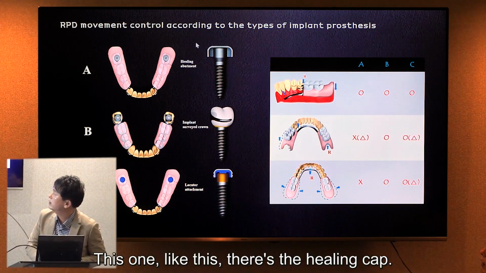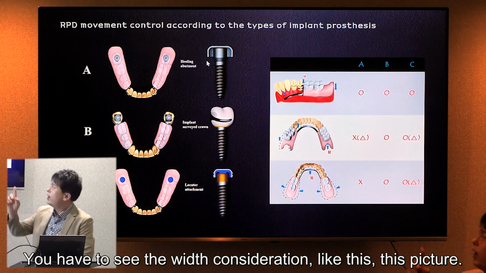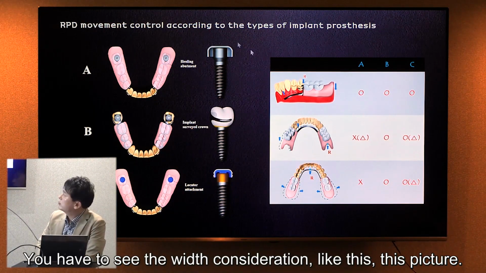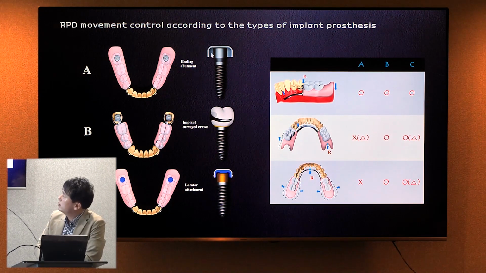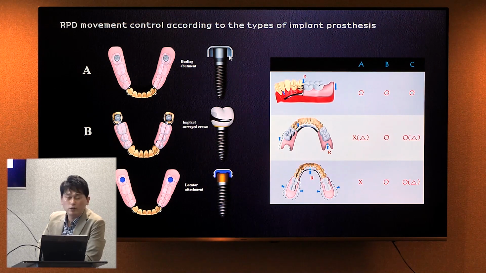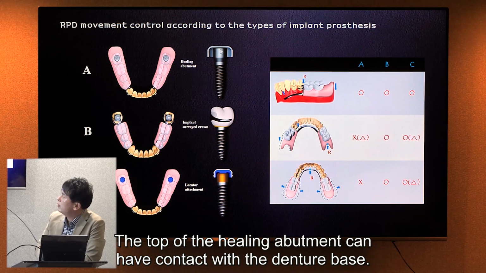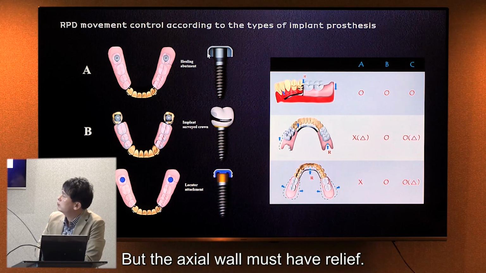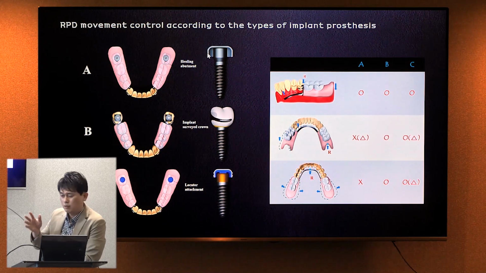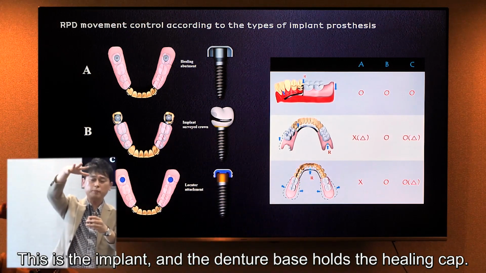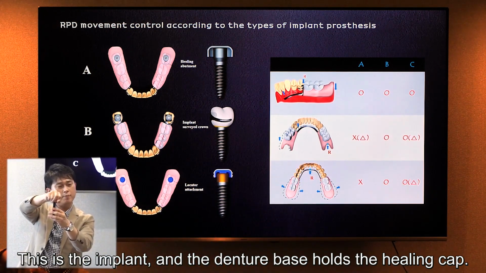You have to see this with consideration. This is the cap of the denture. The top of the healing abutment can contact the denture base, but the axial wall has to get relief.